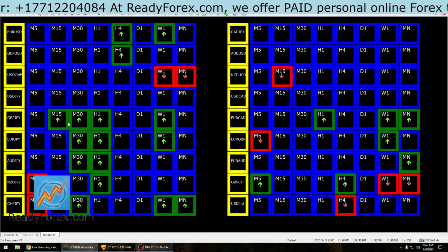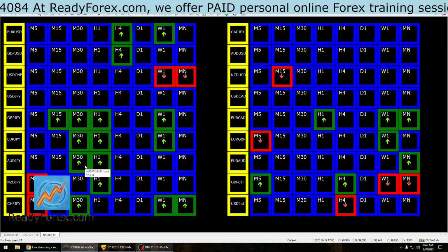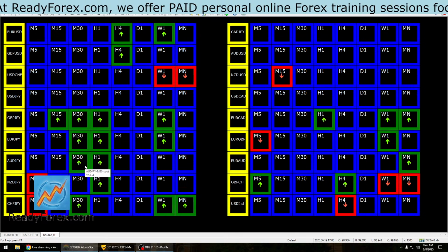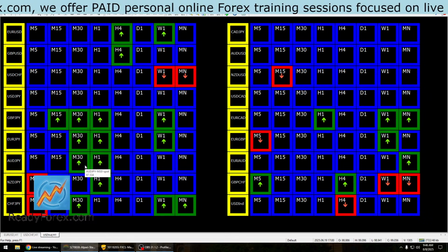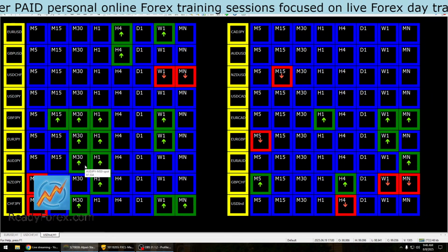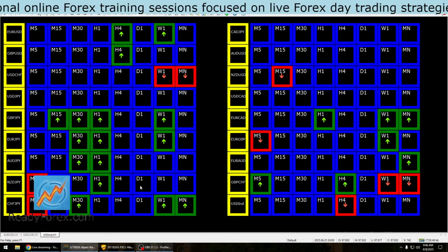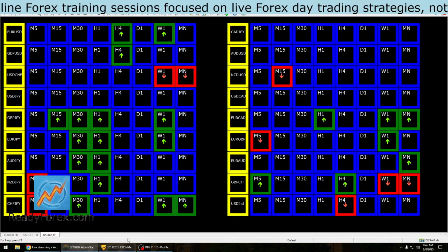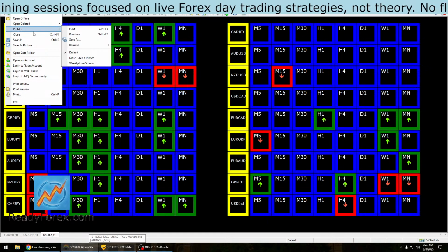So GBPJPY, EURUSD and AUDJPY, these pairs look bullish, and the euro yen and pound, the euro dollar and pound dollar, they also look bullish in 4-hour time frame. Okay, let's go back to the analysis terminal.